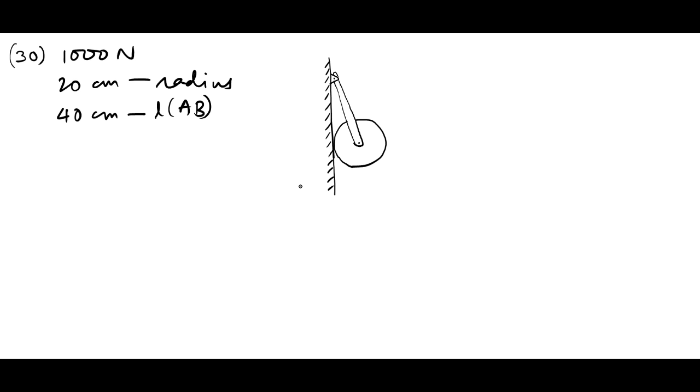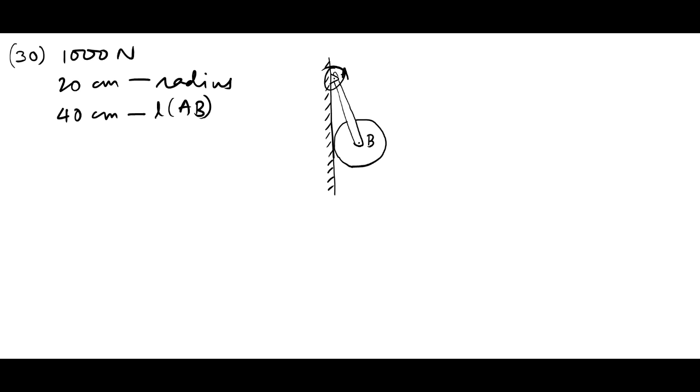And what else is given in the question? Well, the last sentence says, you have to assume that there are pin joints at A and B. So this is point A, that's one of the pin joints. This is point B, and that's the second pin joint.